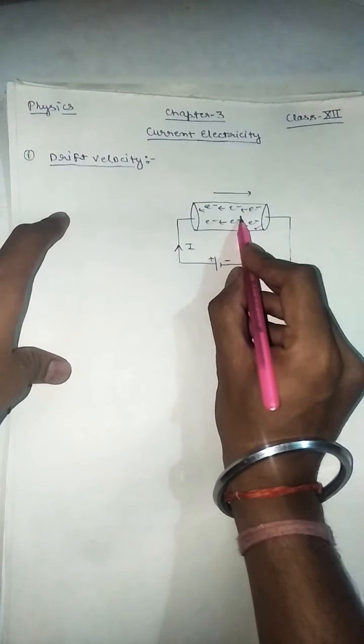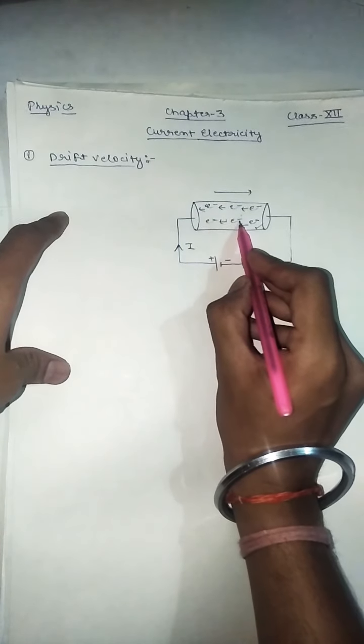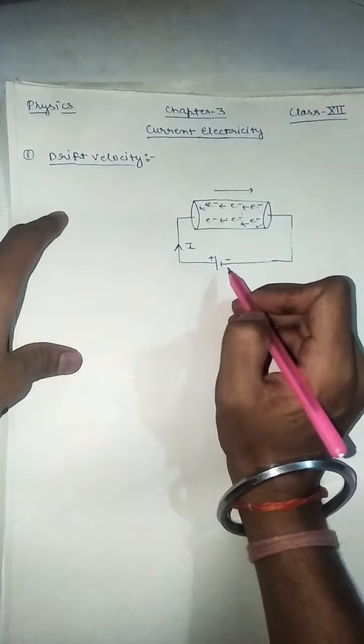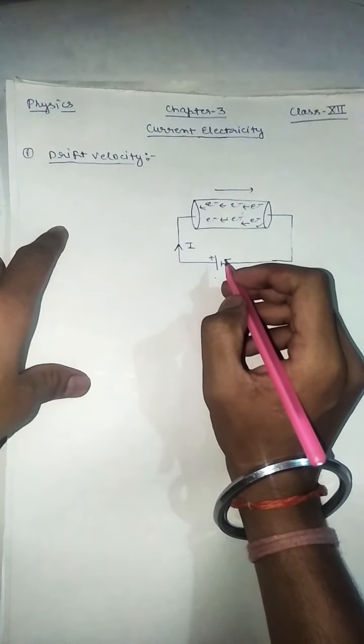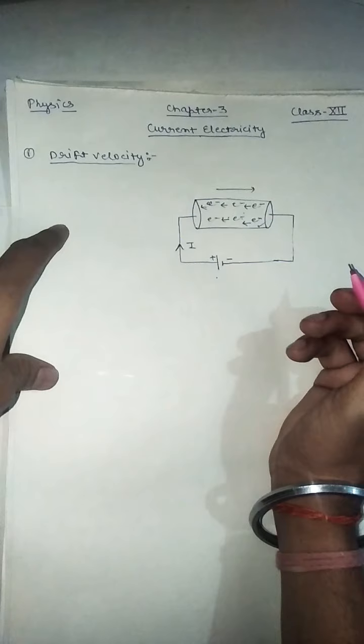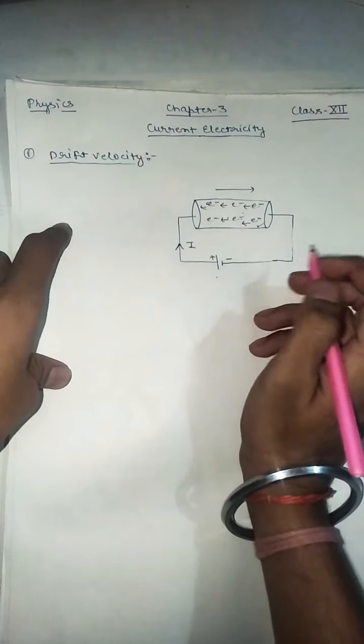The average velocity by which these electrons get drifted towards the positive end of the battery, or opposite to the electric field, is called drift velocity.